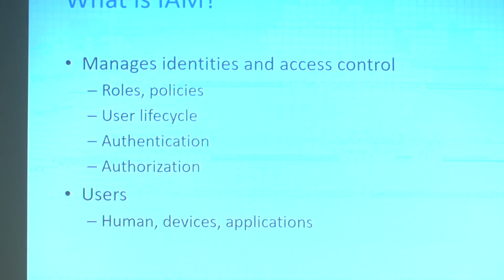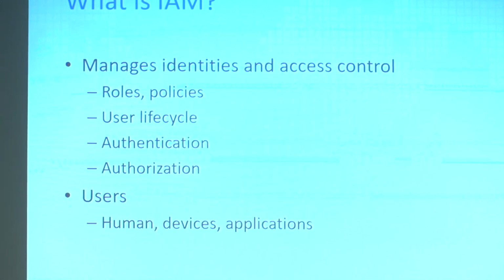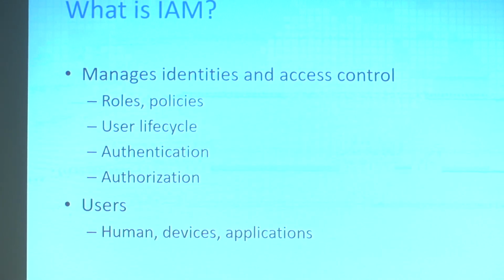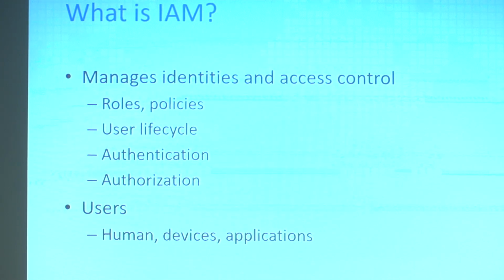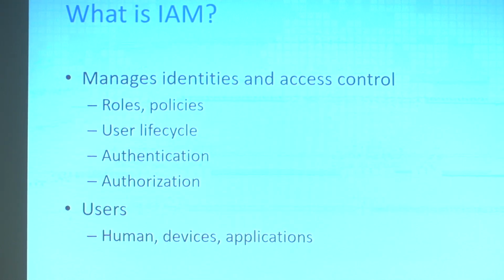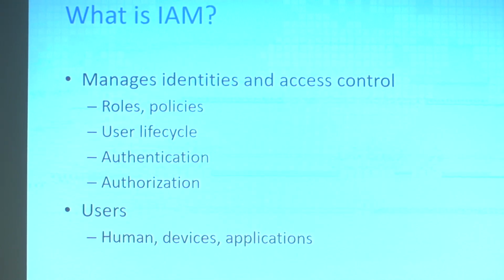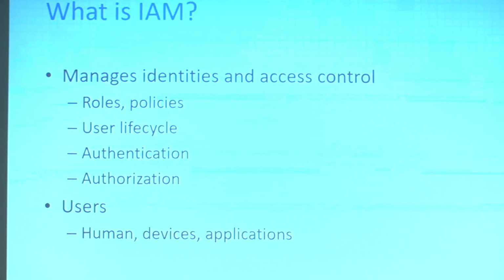That is at the very top level, managing identity and access to resources. For example, it allows you to define roles and the policies and the processes for access control. The policy can specify who or which role can access what resources under which conditions. The resources can include systems, applications, services, and data.